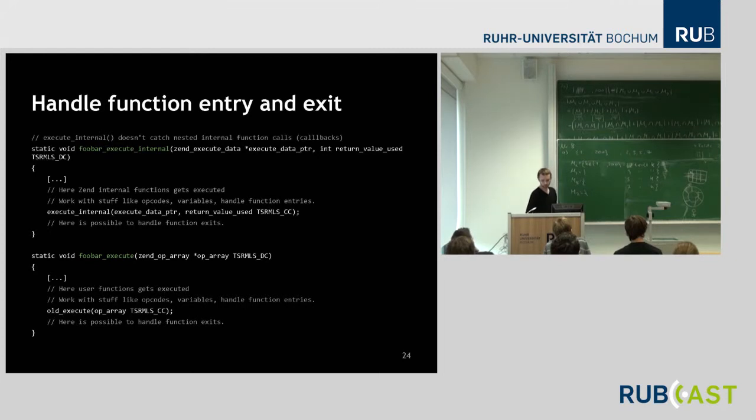The second one is basically the same, just for PHP user functions. foobar_execute does the same stuff as the previous one. It's important to know that execute_internal wouldn't catch callbacks. That's one of the drawbacks of what you can do in PHP. If one internal function calls another internal function, you won't see that.